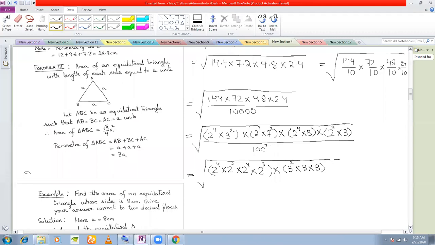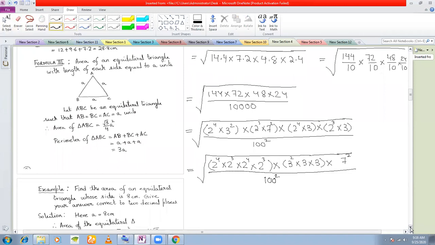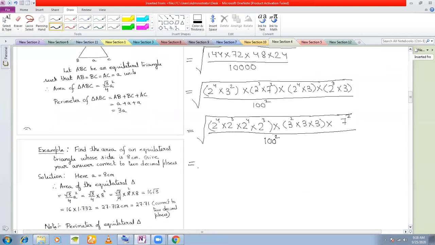And now I take 7 square. There is no other term with 7, so no need for brackets. Only one 7 square, and this divided by 100 square. Now add up the powers.